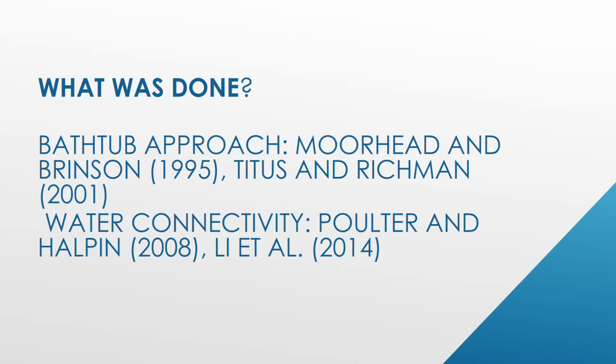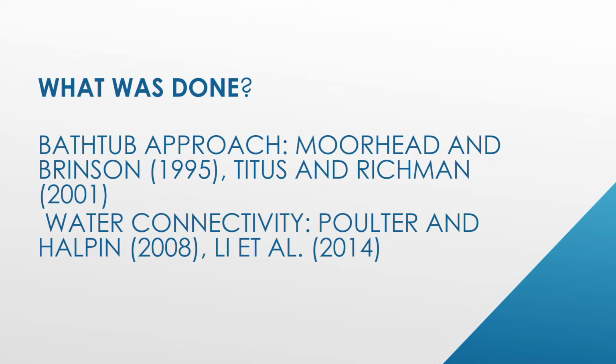So what was done already about sea level rise? There are several approaches to model sea level rise, but they can be categorized in two groups. The first group is the zero-based technique, which is the bathtub approach. The bathtub approach was used by Moorhead and Brinson to study the wetland response to sea level rise in the lower coastal plain of North Carolina.